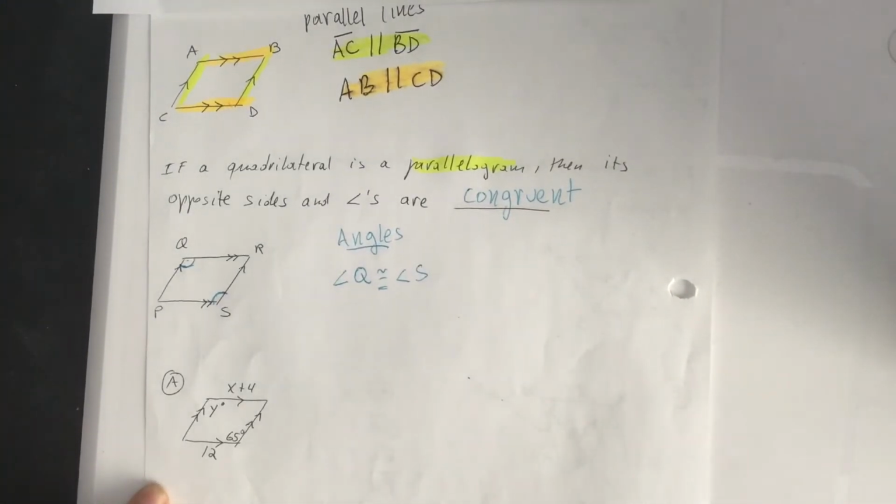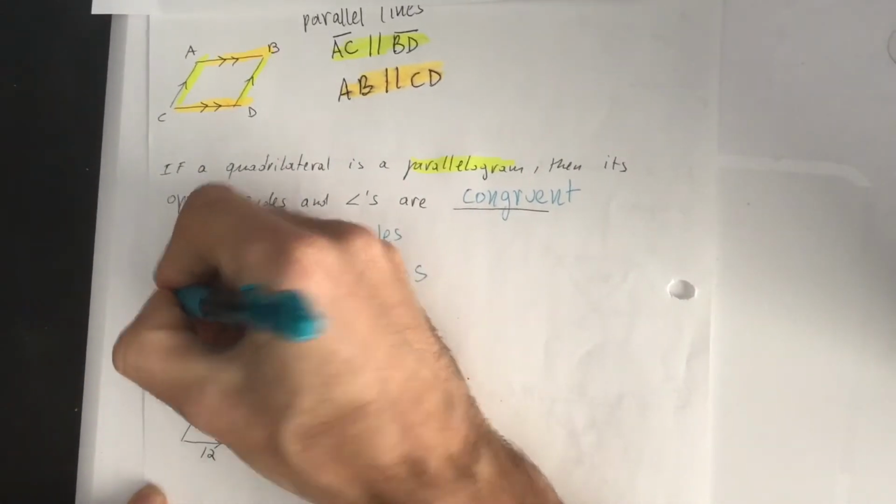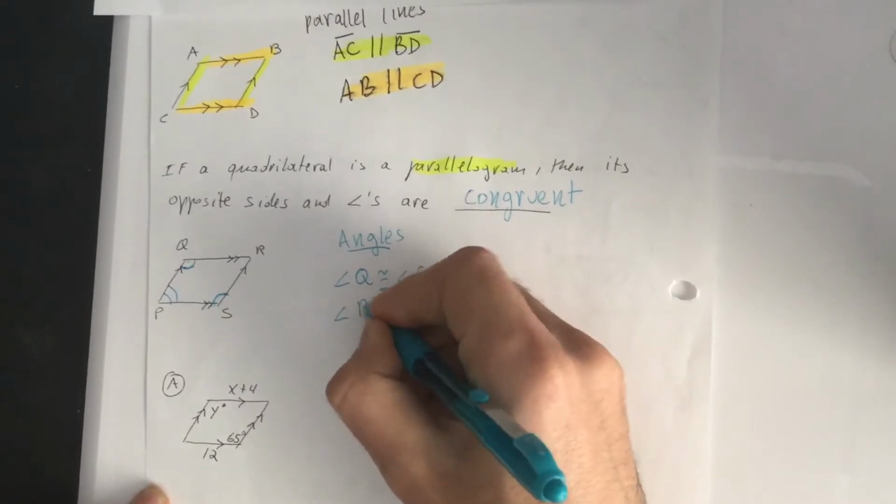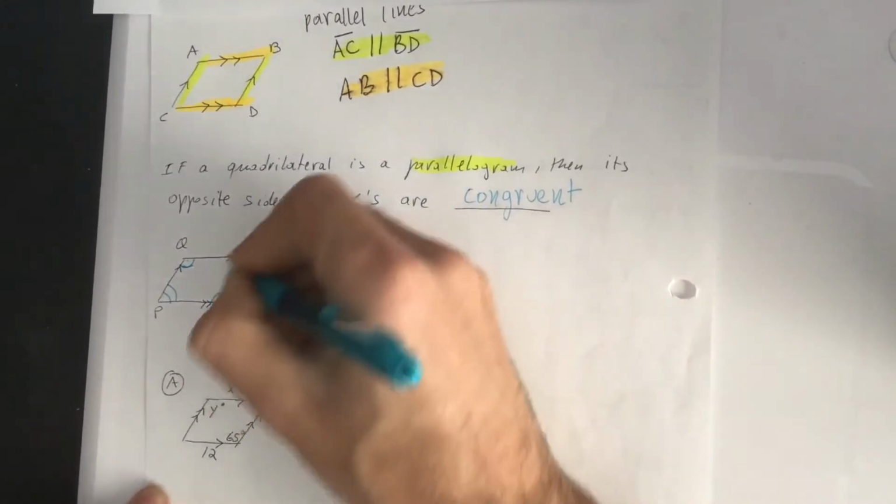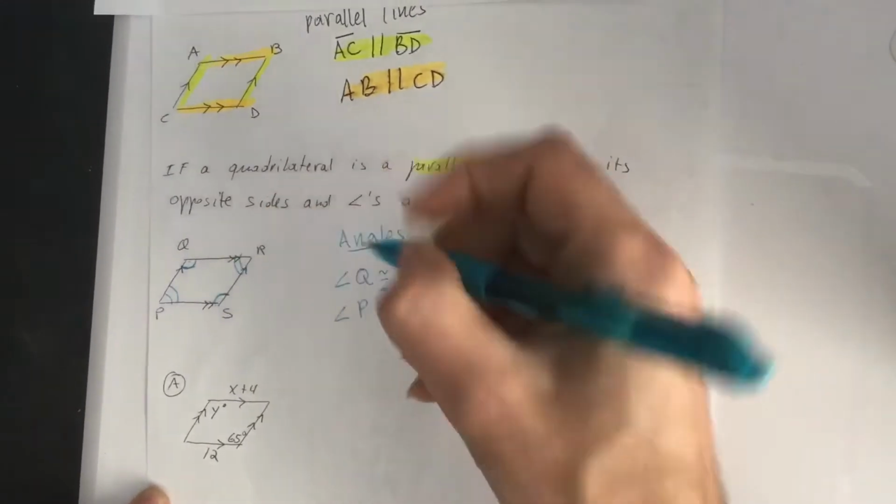And basically angle P is congruent to angle R.